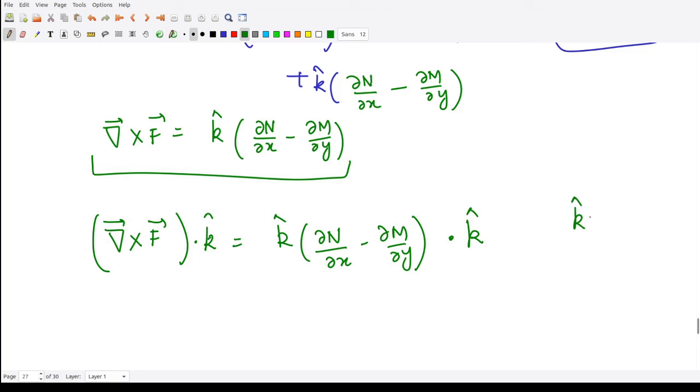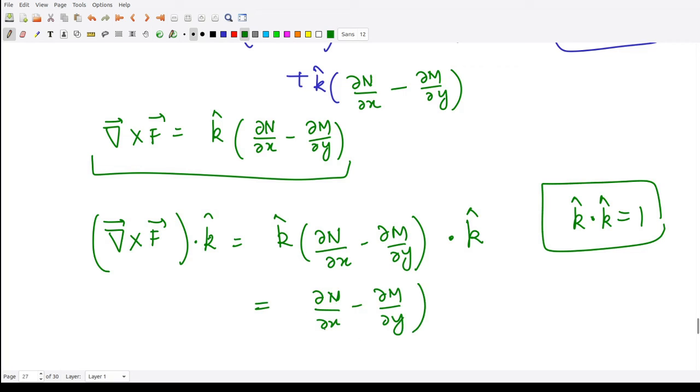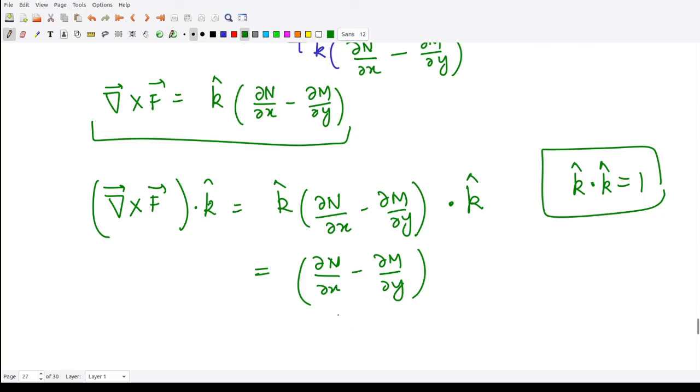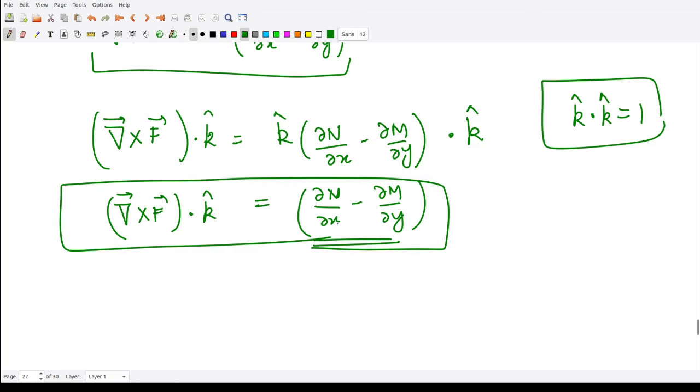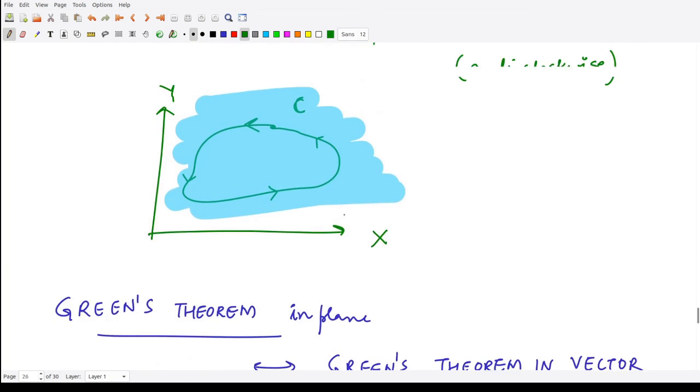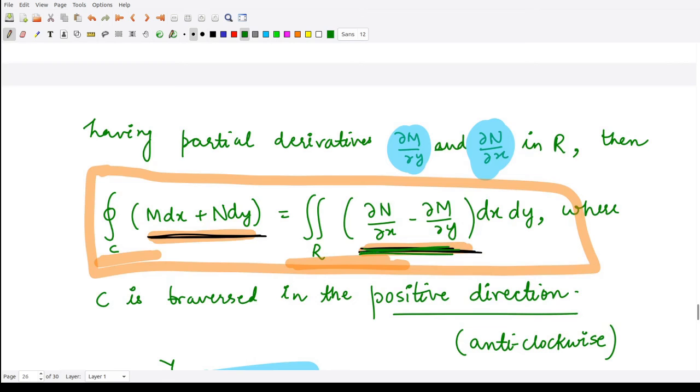Now you know the k vector dot with k vector is equal to 1. So therefore you have del n by del x minus del m by del y. So the value of this quantity here is equal to del cross f vector dot with k vector. So on the right hand side for this Green's theorem, you can write del cross f dot k.